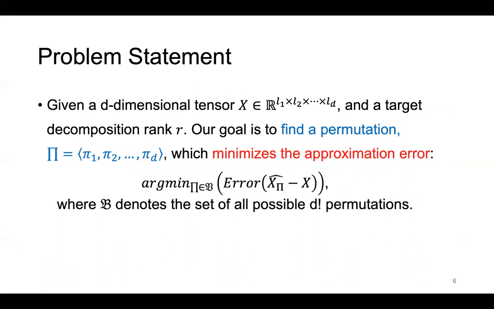Given the d-dimensional tensor X, where we have d dimensions, and each dimension has its own length, and we have a target decomposition rank R, our goal is to find a permutation from all the possible decomposition orders, and this selected permutation can minimize the approximation error when we do the TT decomposition.